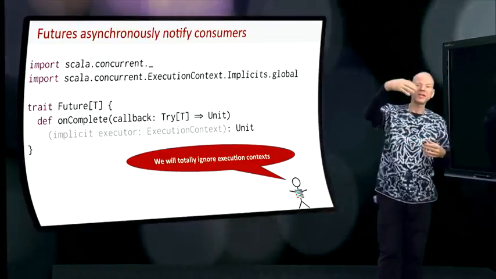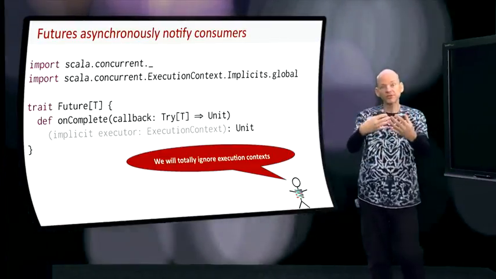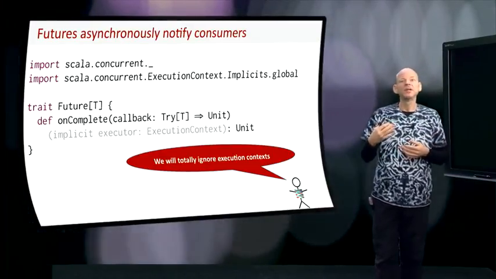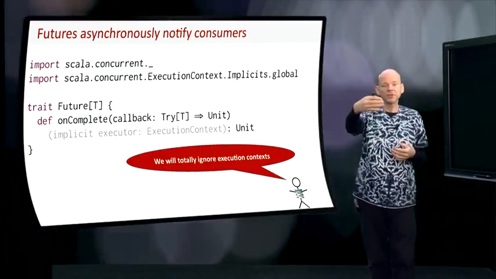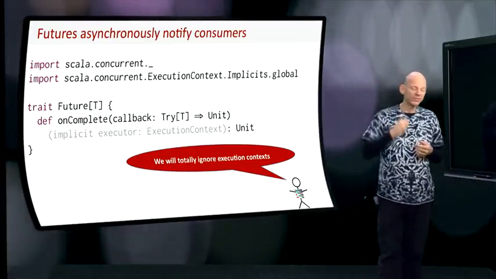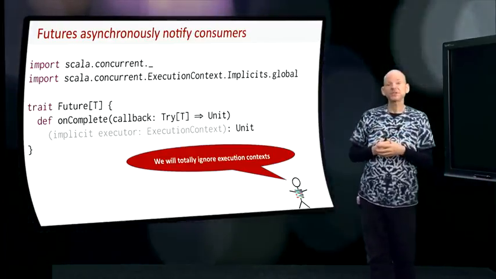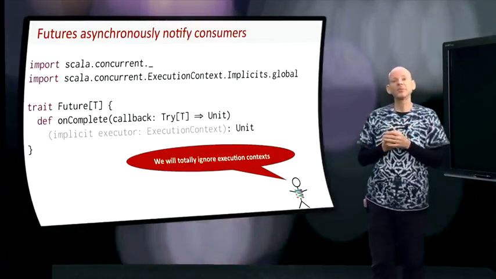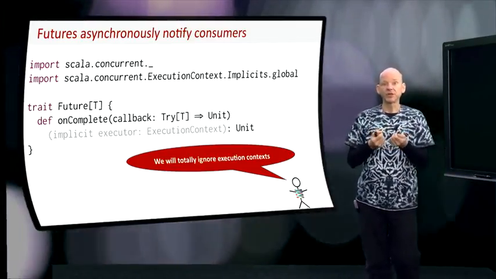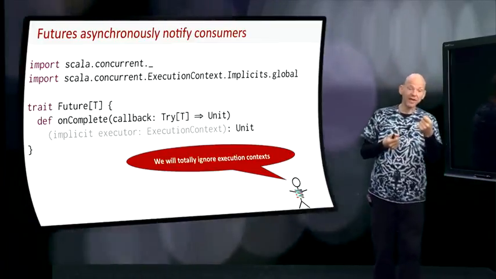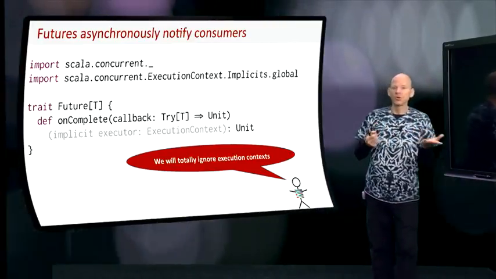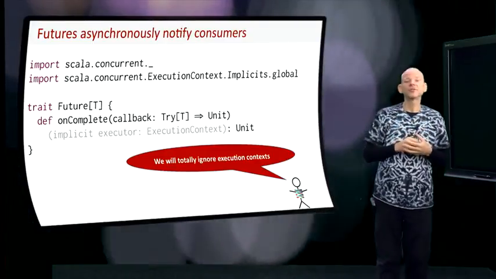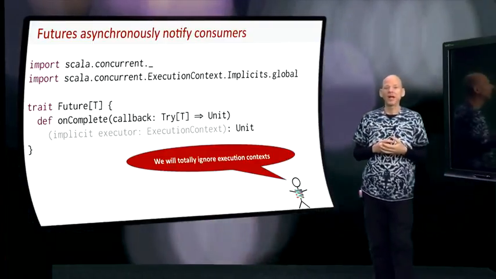When you have a computation that can take a long time, you give it a callback, and when that computation terminates, it will call you back with the result. And that result can either be a regular, successful value, or an exception. So that's where we see our good friend Try of T come back.